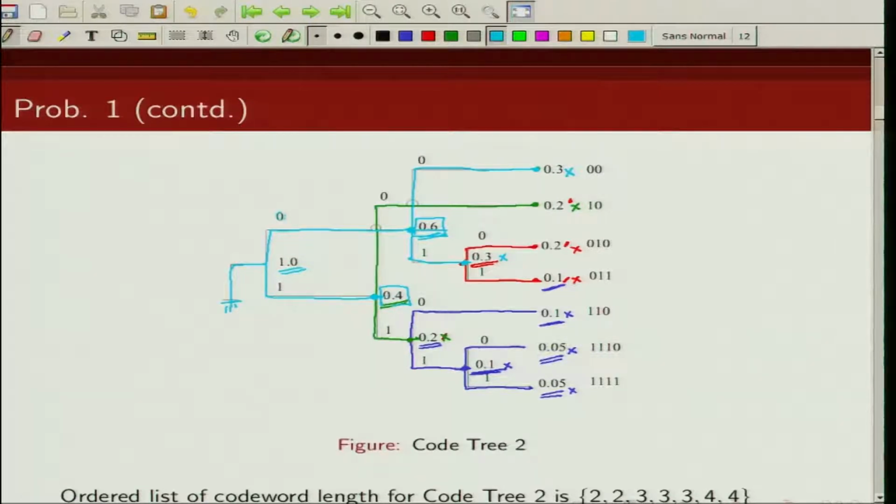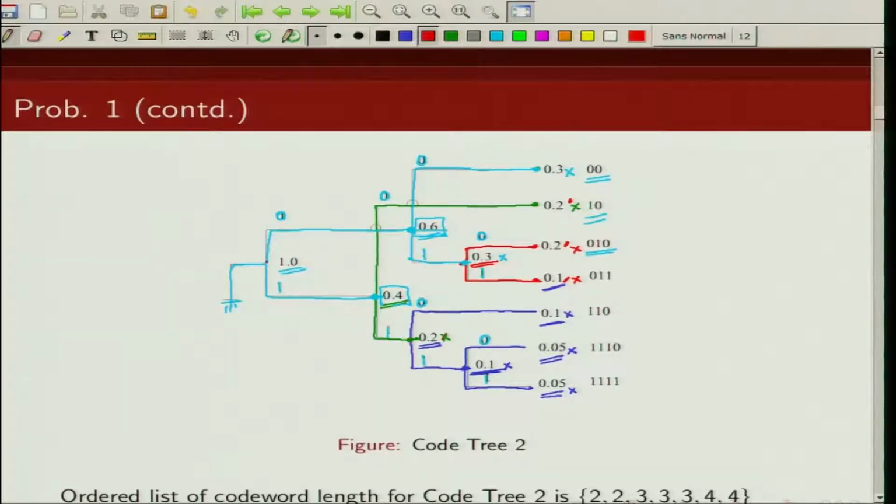And finally we assign zeros and ones to these branches. If we do that, we get the code word for this particular symbol as 00, for this one 10, this one 010. Again you can check.